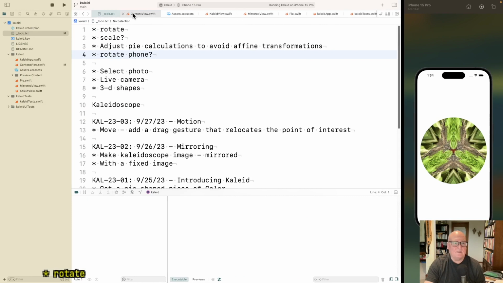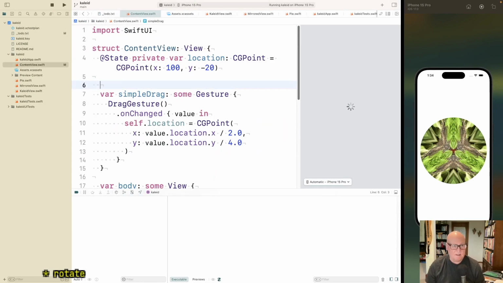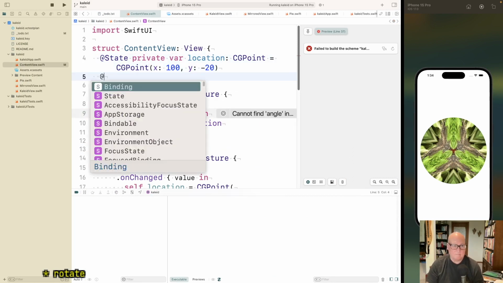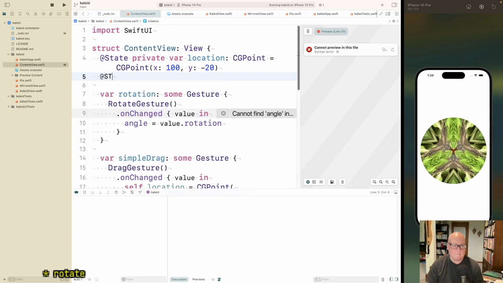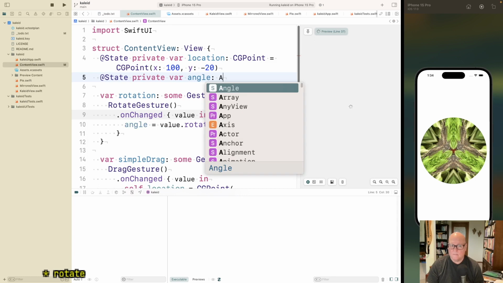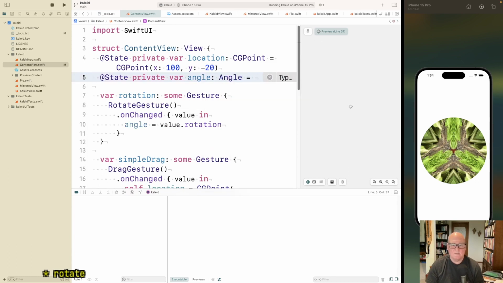And I don't even know if I have to keep simple drag. I assume this is angle equals dot zero.